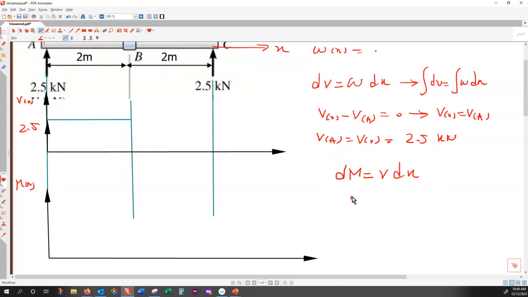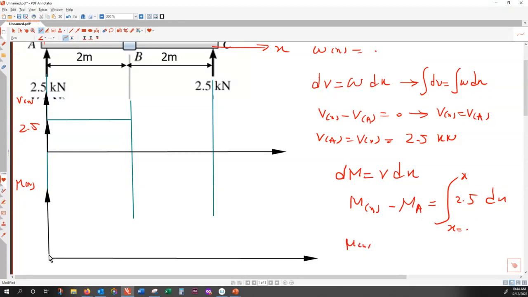So if I integrate, that is M of x minus M of A is equal to the integral of V of x, that is 2.5 dx, changing between x equal to 0 to x equal to x.